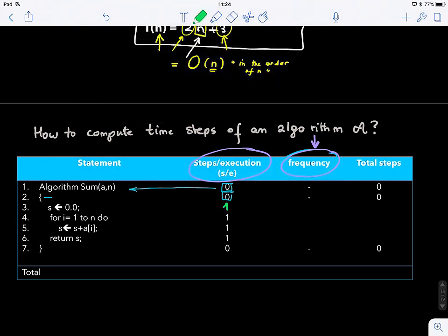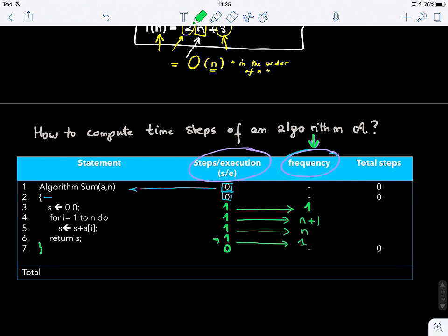The other one is a for loop. And the return will also be executed. This one will not. This is simple, but what we are really interested in is the frequency. How many times will I run this instruction? 1 time. And the second one, how many times? n plus 1. Then n, and then the last one, 1.